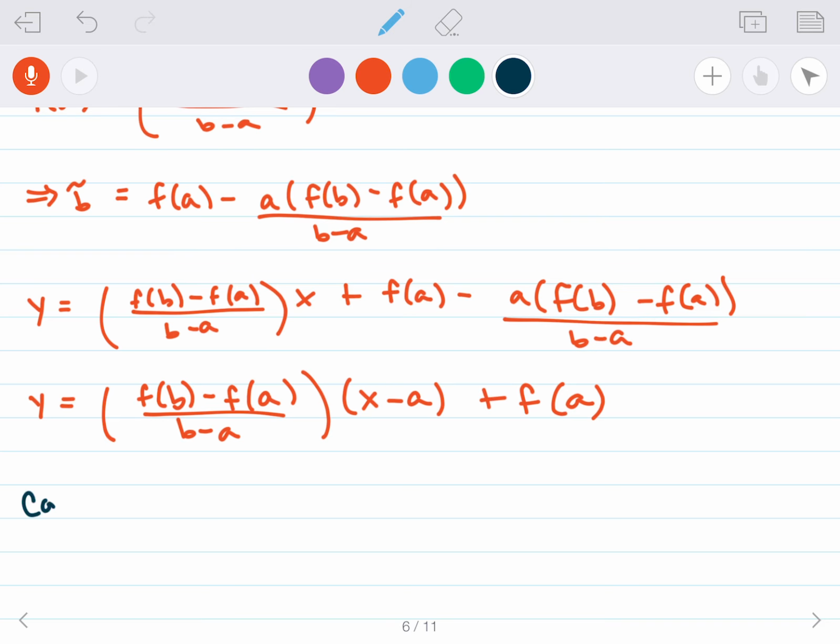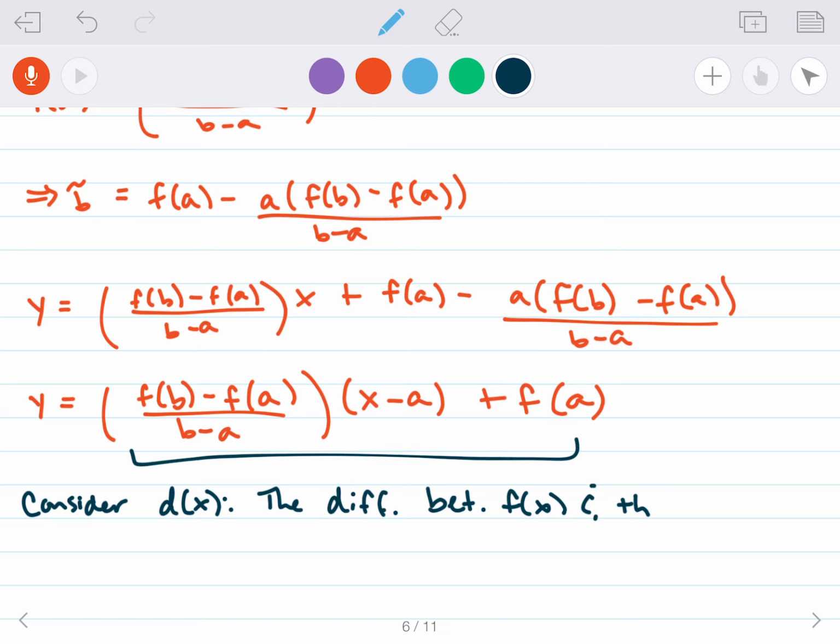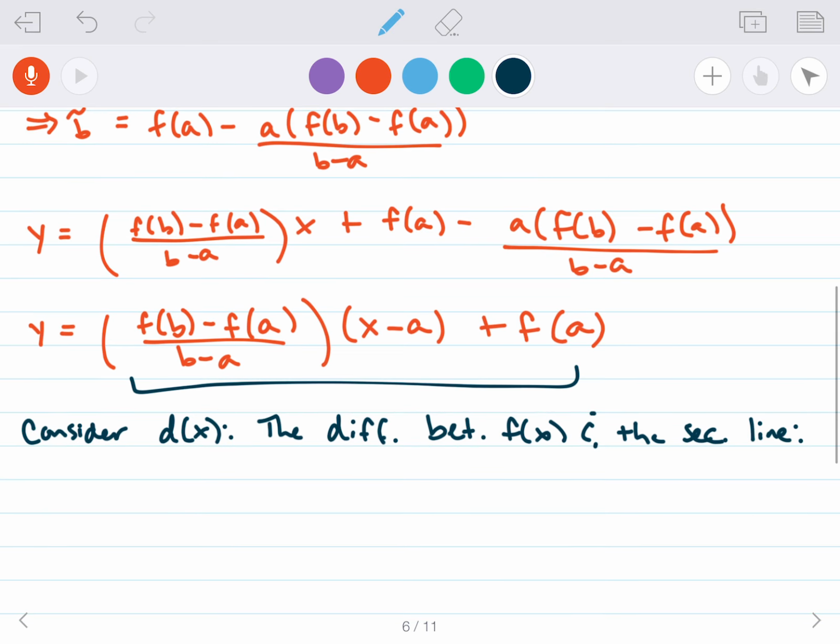So consider d of x, which is the difference between f of x and the secant line, which we just found the equation of. Okay, so what does that become? Well, that's just going to be d of x is equal to f of x minus that secant line.